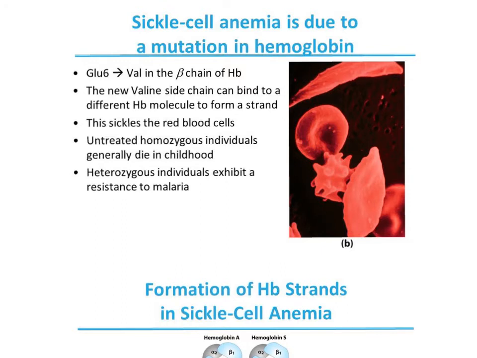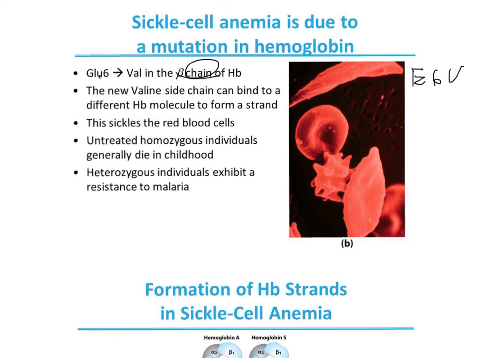All right, and then mutations in hemoglobin can lead to disease, and one of them is sickle cell anemia. Sickle cell anemia is the result of a glutamate at position 6 mutation, where it goes from glutamate 6 to valine at that same position. Sometimes I would write this in shorthand notation as glutamate 6V. That's how I would name that mutant, and that's in the beta chain.